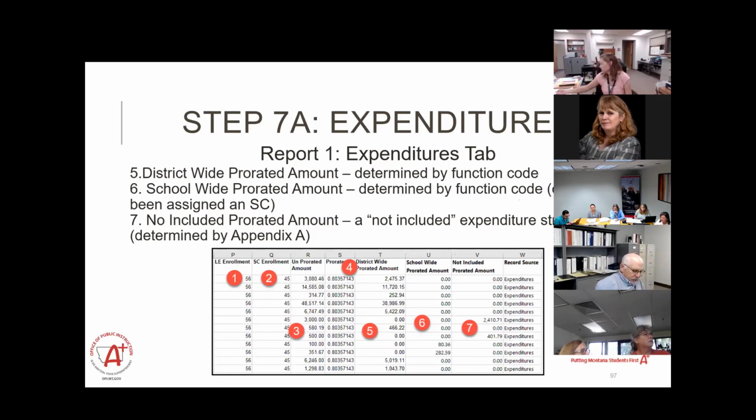That will show you where that expenditure string will fall. The not included prorate amount is the amount that is not included. So at some point in Appendix A, where you were looking at fund, program, function, and object, it said no. So it would not be included in your total ESSA per pupil.